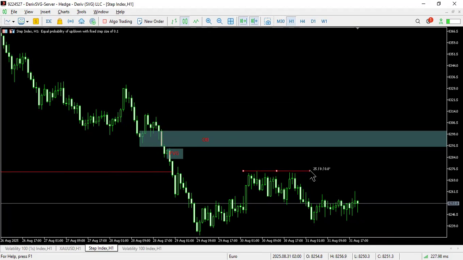This is equal high liquidity. This is the liquidity that price will sweep to go and tap into the order block. And then it will continue pushing down.